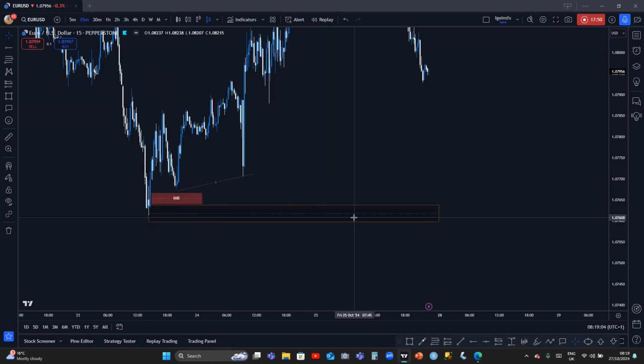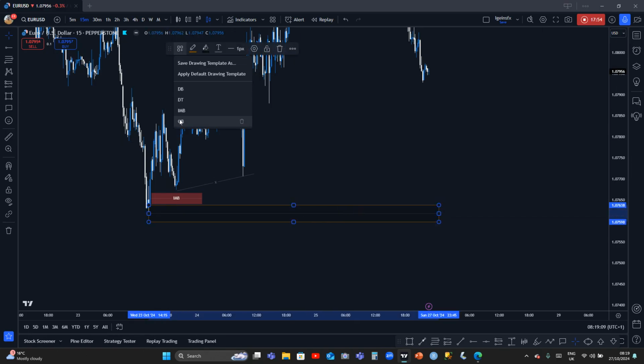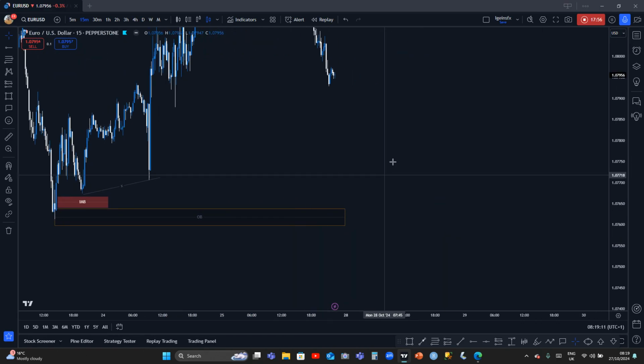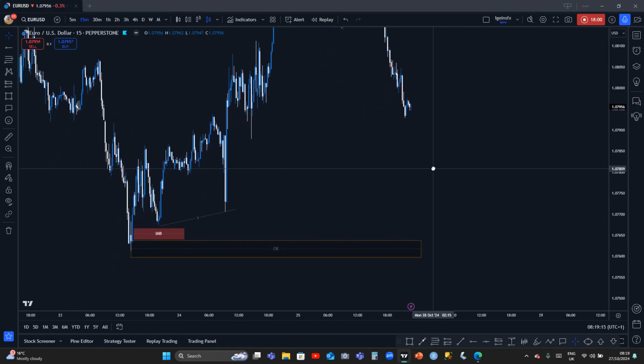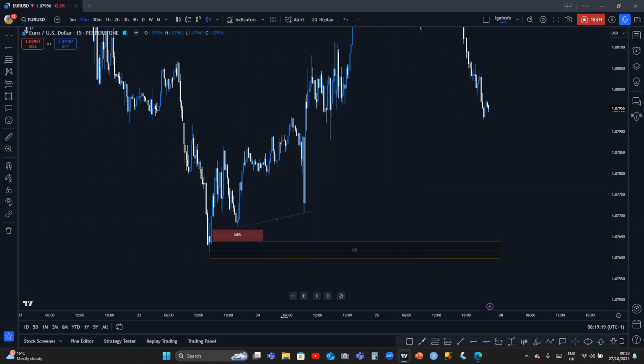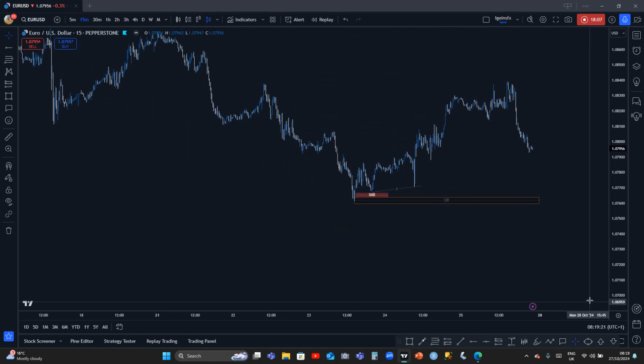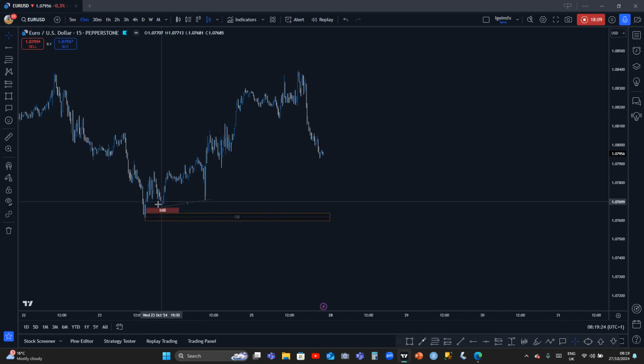This is an imbalance. This is the order block. Now we have identified our order block. We have also identified a liquidity that price will come and sweep.